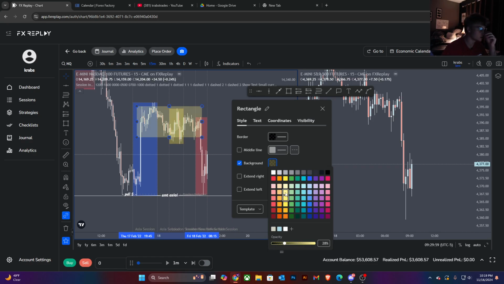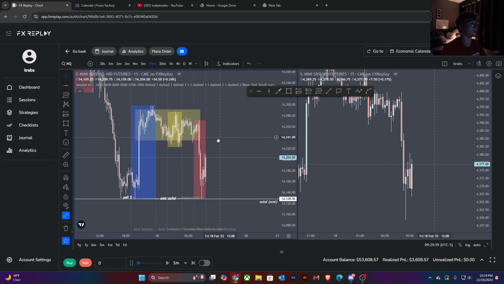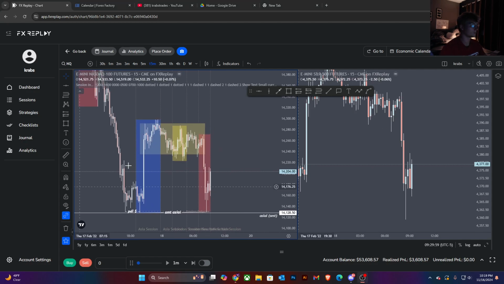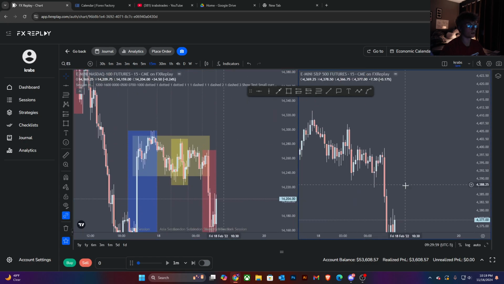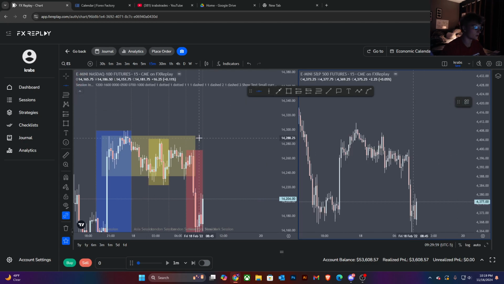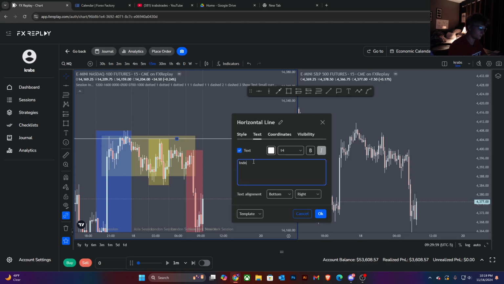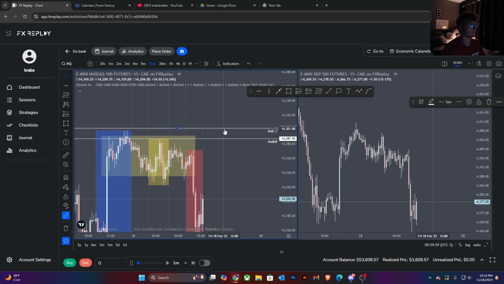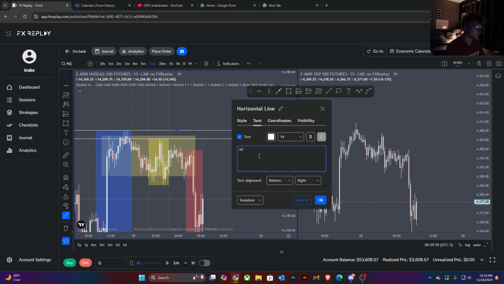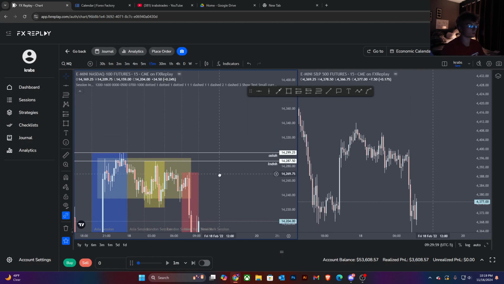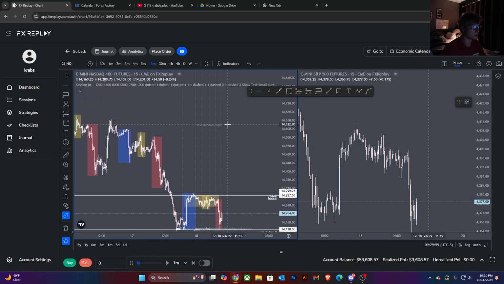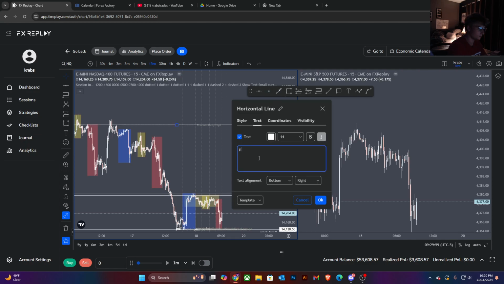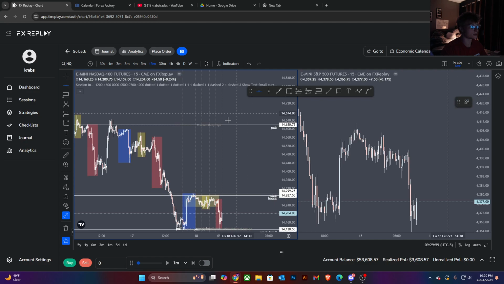This yellow looks way nicer. We'll run that one. But yeah, it looks like we still have London high above right there. And we have Asia high. Previous day high is really far away. Got these like stacked session highs as well up here.